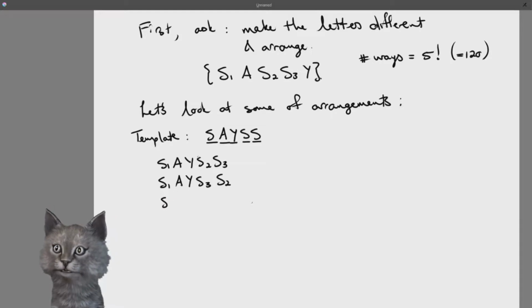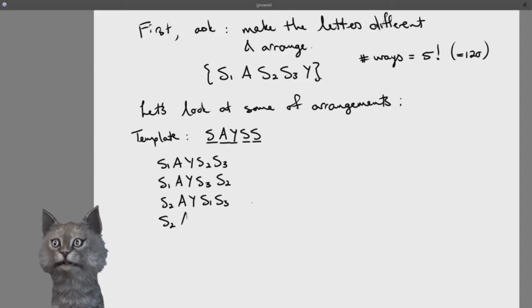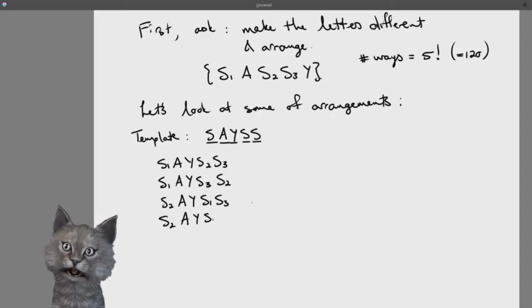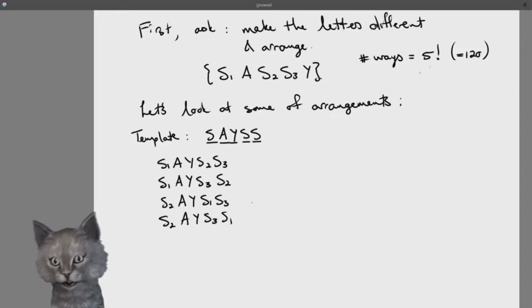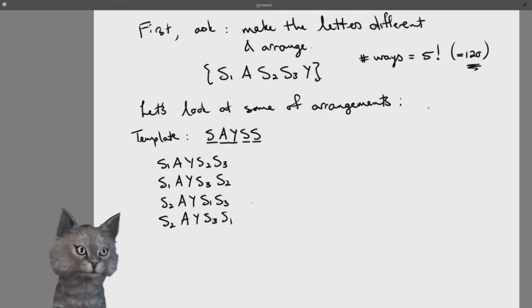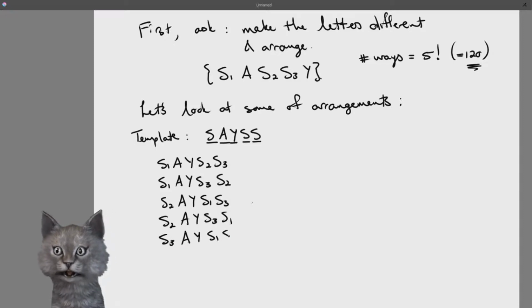Another arrangement that fits this template is S2 maybe first: S2, A, Y, S1, S3. S2 can be first, A, Y, S3, S1. All of these are different in the 120, but they all follow this template. And of course I can start with S3: S3, A, Y, S1, S2.